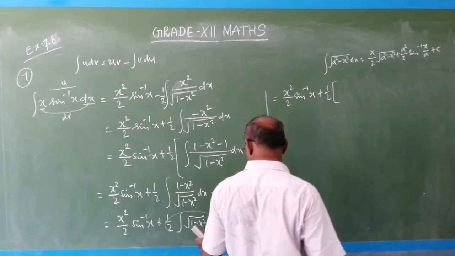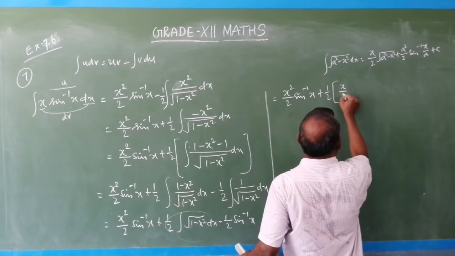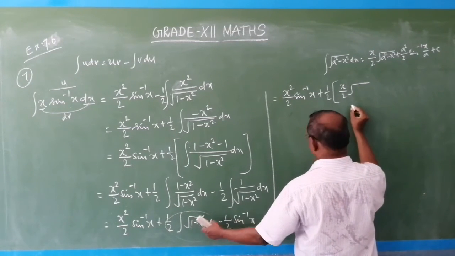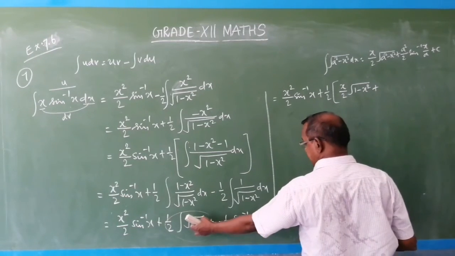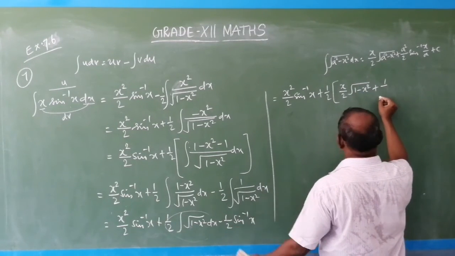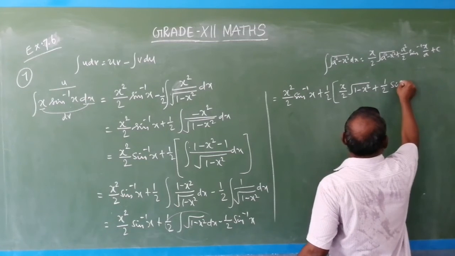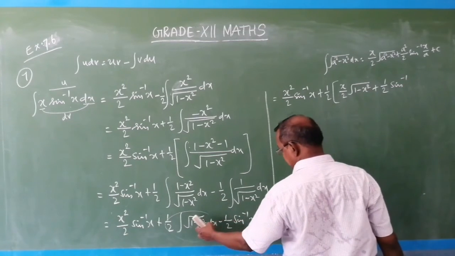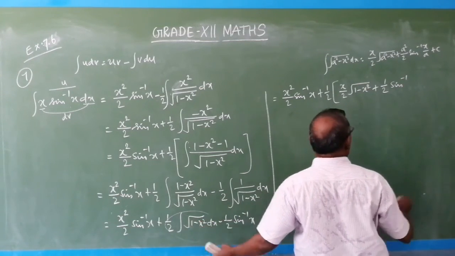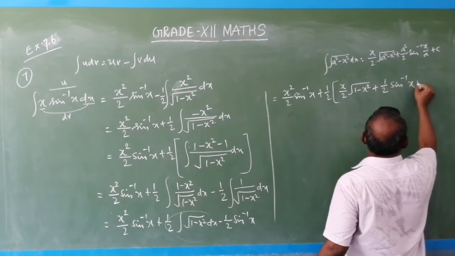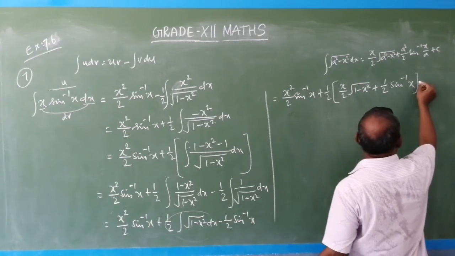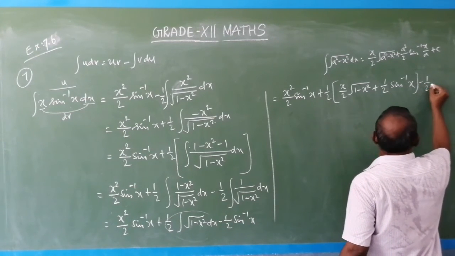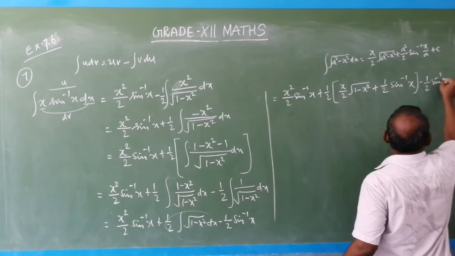This is x by 2 into root of a square minus x square, meaning 1 minus x square, plus a square by 2, meaning 1 by 2, into sin inverse of x by a, where x is x and a is 1, so it is x only. Next, minus 1 by 2 into sin inverse of x.